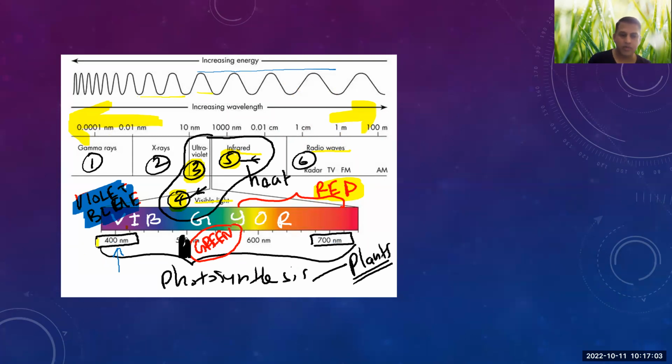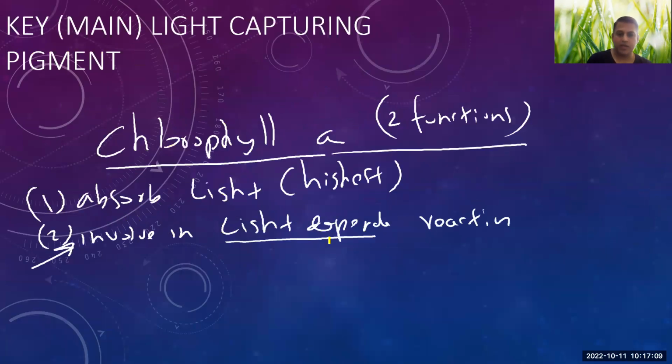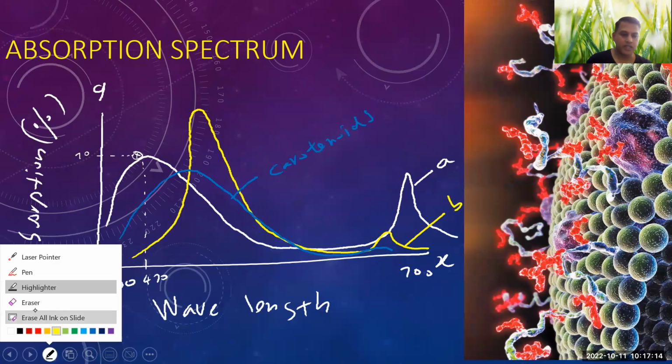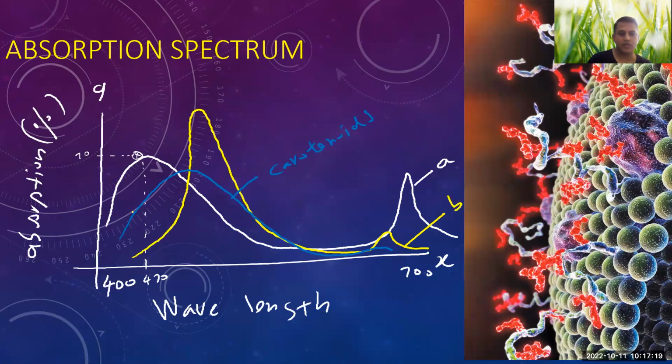So 400 nanometer is higher than 700 nanometer. So now you can understand why chlorophyll A can absorb higher light because it is more towards the 400. So here the light energy is more toward the 400, at least this part. And here also they are higher. So this explains chlorophyll A can absorb highest light.